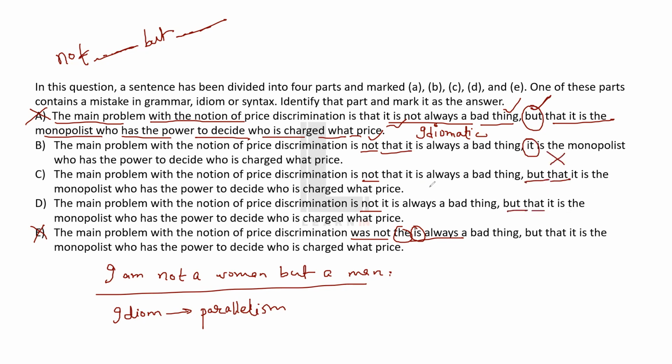Whenever you have not x but y, x and y should be parallel. Which has the parallelism? That. So C would be the answer. This is an easy one, right? We just have to notice the idioms here. We just have to learn some idioms.